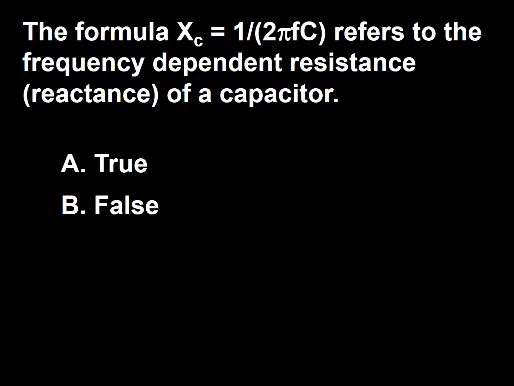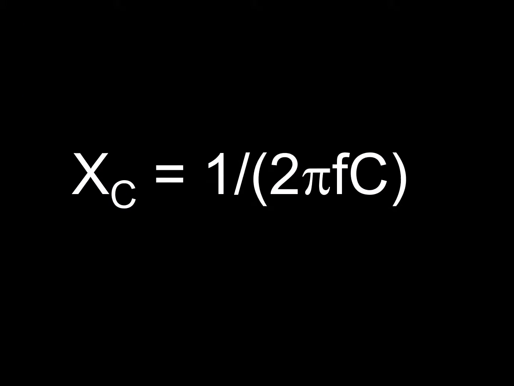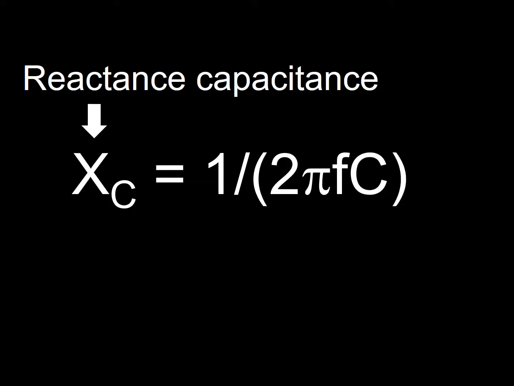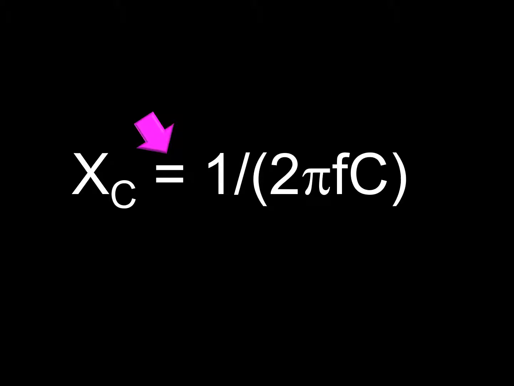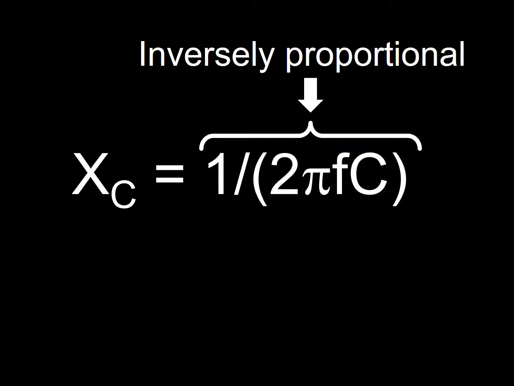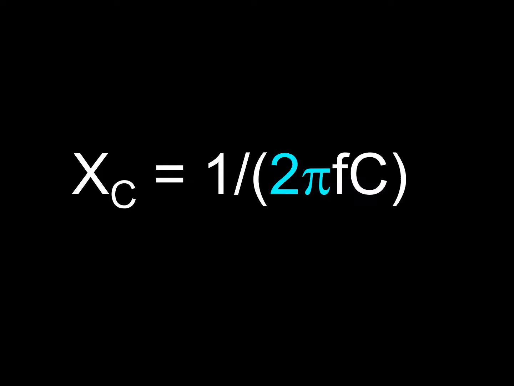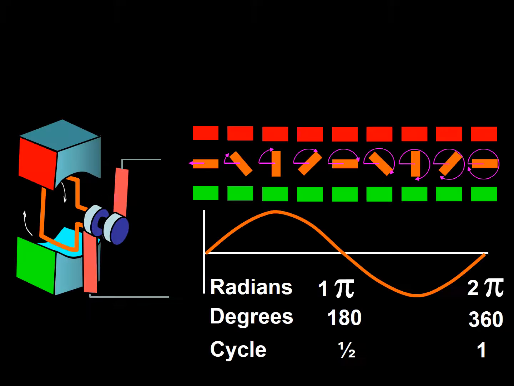A, true, B, false. This formula reads: reactance capacitance is inversely proportional to the cycles of alternating current. I will explain this term a little better.